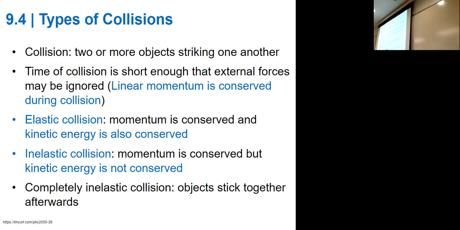And because the time is short, the impulse to the system from external forces can be ignored. Okay, so in this class, unless otherwise specified, you'll consider a collision to be short enough that you can ignore the effect of the external forces. Okay, so that means when you see the word collision, you can apply conservation of momentum. All right.